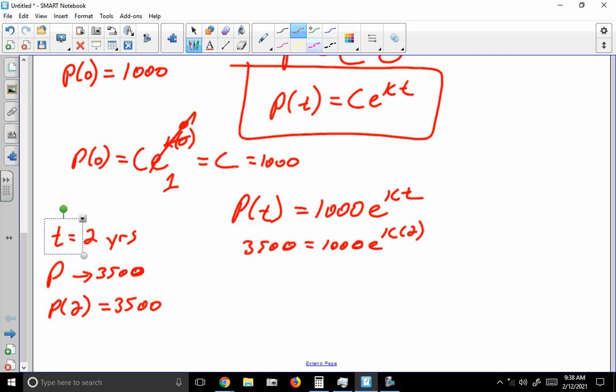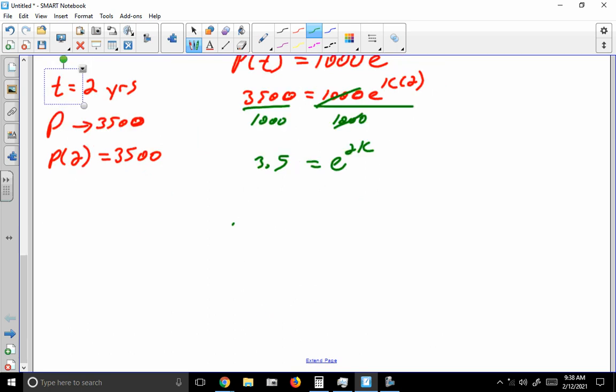Before we take natural log of both sides, we would want to divide to get rid of that coefficient. So e to the 2k is 3,500 over 1,000, or 3.5. Now we can take natural log of both sides.